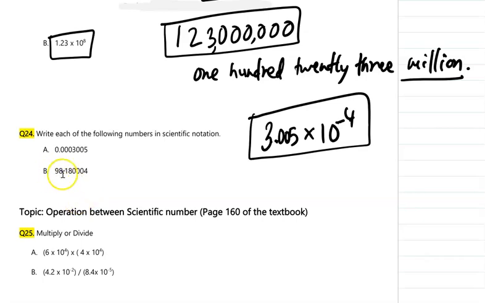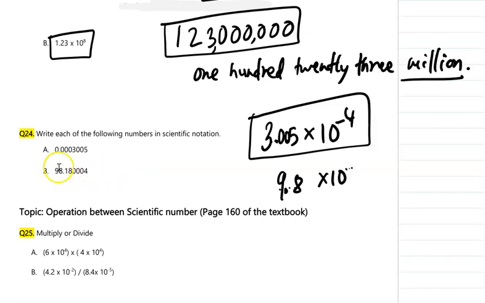Okay, for this number, it is bigger than 1, so you have to find what 10 to the power goes here, and what number goes in front of 10 to the power. You can see 9.8 is the number that is supposed to be in front, so you put 9.8, because the number you put in front of 10 to the power must be between 1 and 10.